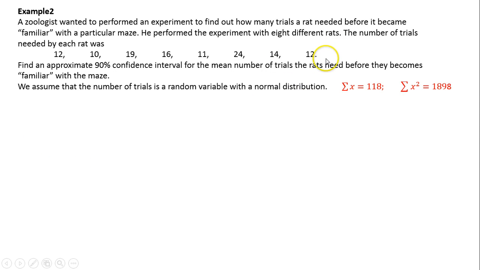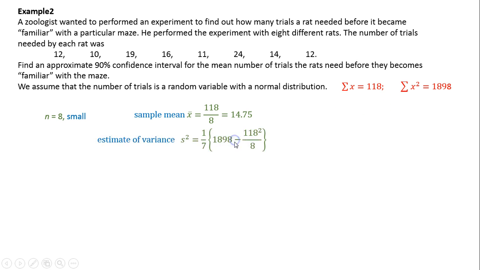So this time we need to add up all the values to get the sigma x. So sigma x became 118, and squaring each value and adding them, we get 1898. So we have 8 values. n is 8, which is small. Our sample mean is 118 divided by 8, which becomes 14.75.